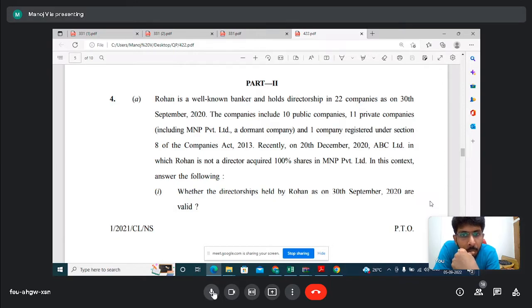Whether directorships held by Rohan as on 30th September 22 are valid. Yes, it is valid because he hasn't violated the rules. Okay, so you can write Section 165, number of directorships. Page number 710. Yes, Section 165, number of directors.